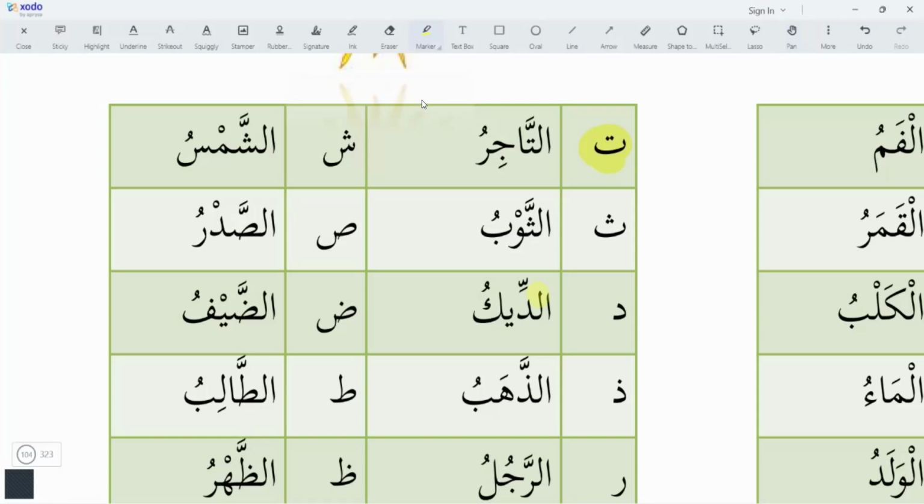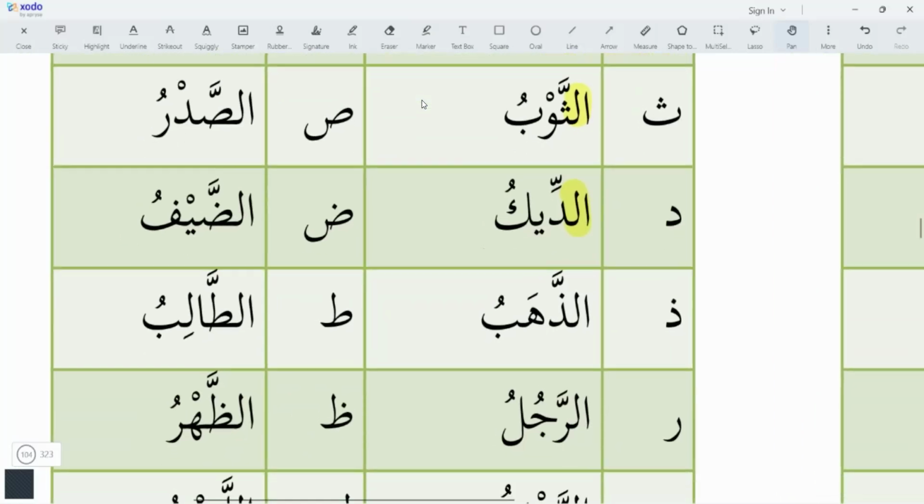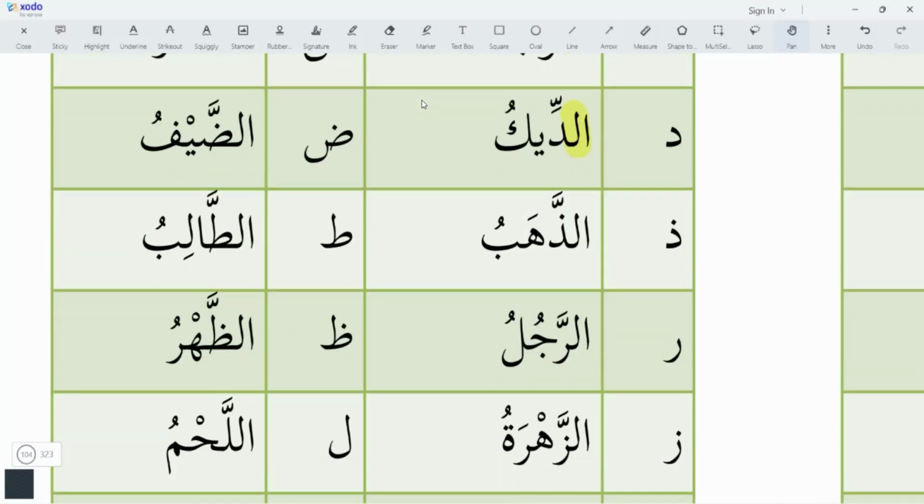This lam we are not pronouncing here. Zahaba, az-zahabu. This lam we will not pronounce. And ra, ar-rajulu. Lam we will not pronounce here. Az-zahratu. We will not pronounce the lam here.